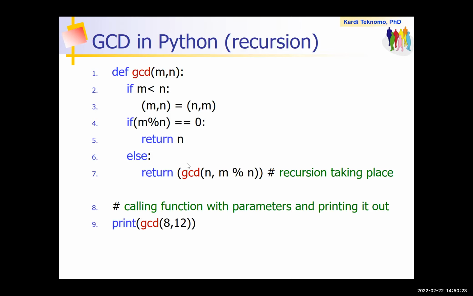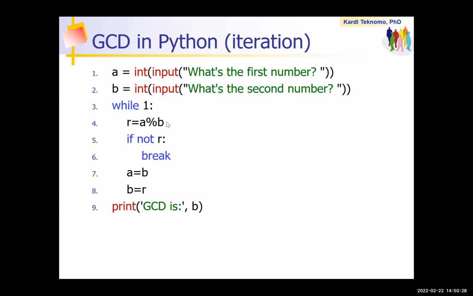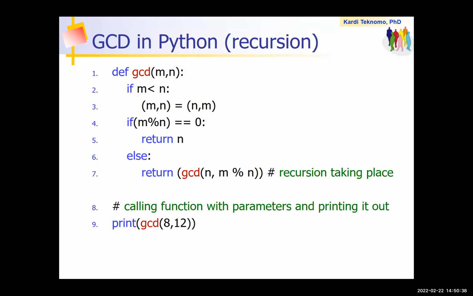So another technique is to use what is called recursion. What's the difference between recursion and iteration? In iteration, you will see a while loop here, while something something and then break. In recursion, you don't see the while loop, but what makes it repeated is actually the function will call itself.